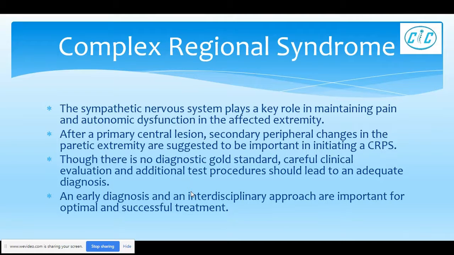The diagnosis is very difficult in many cases because there is no gold standard for CRPS syndromes and dysfunction, especially if it is a central issue, where it is more difficult to imagine what the problem is and where the problem is.